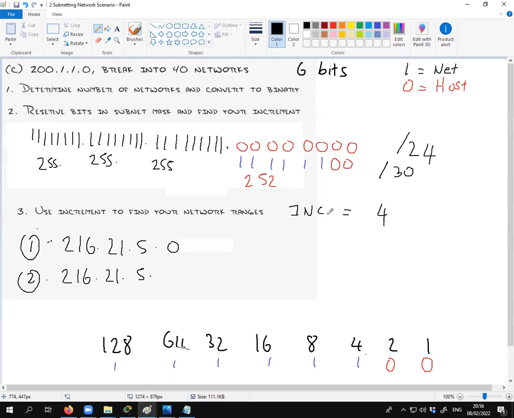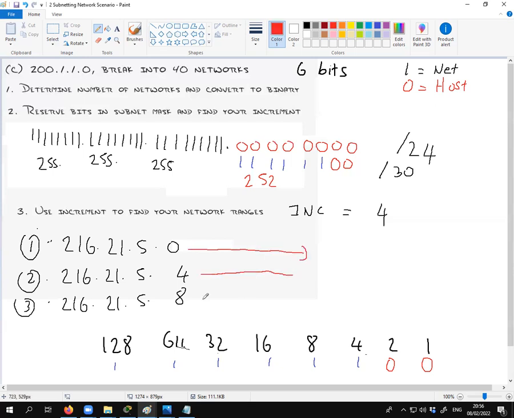What's your increment value? 4. So your subnets are incrementing by the value of 4. Network number 3, 216.21.5.8. And I could keep going until I make 64. 64 multiplied by 4 is 256. What's the very last address in subnet number 1?